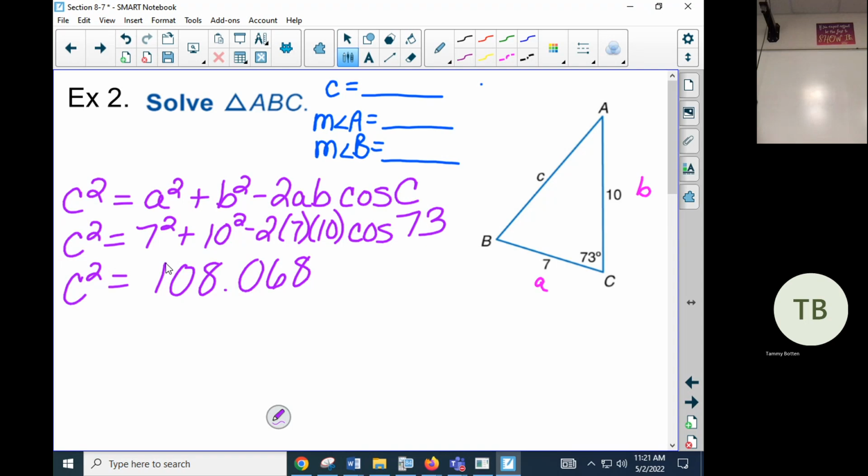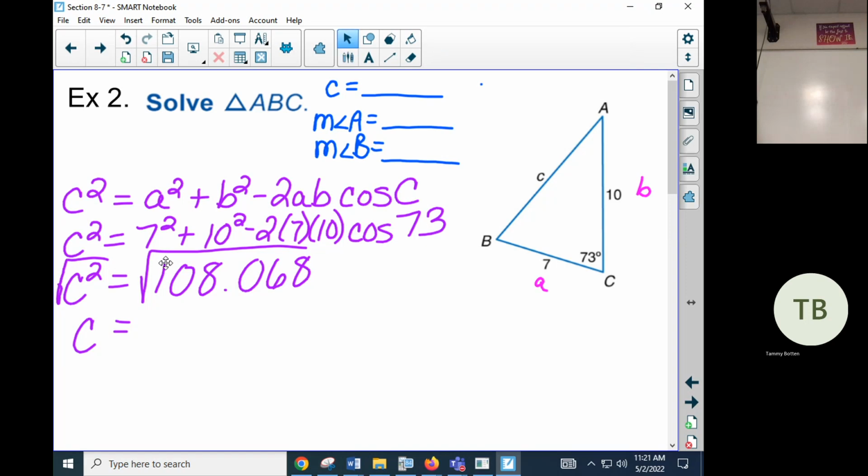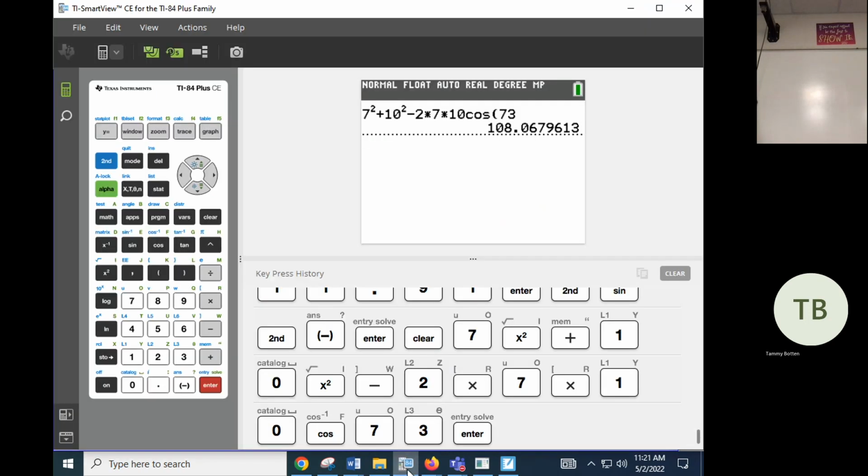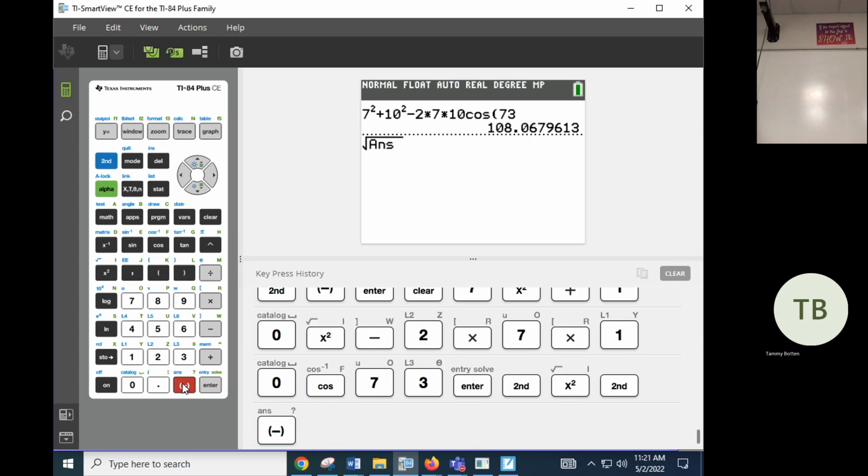What do I do then to get C? Find the square root. Very good. So I could do that by going second, x squared, to get the square root. And then to pull this down, I can go second, answer.